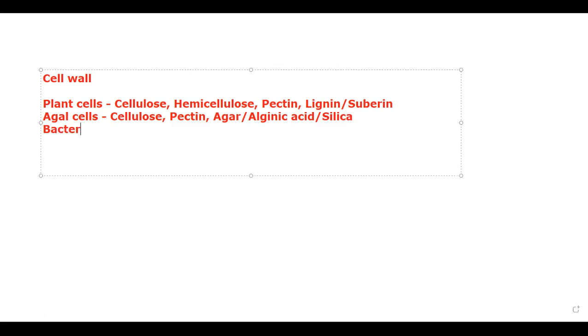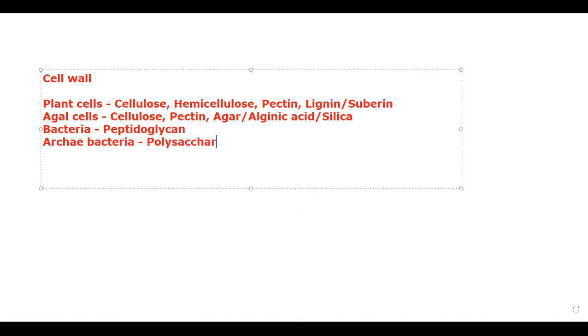Okay. Third, it is bacteria. In bacteria, the cell wall contains the material called peptidoglycan. And in Archaebacteria, another type of bacteria, a different domain, they have polysaccharides and protein.